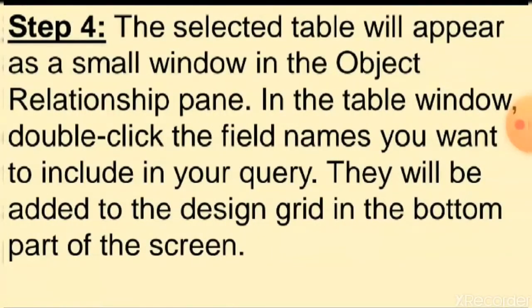Step 4. The selected table will appear as a small window in the Object Relationship pane. In the table window, double click the field names which you want to include in your query. They will be added to the design grid in the bottom part of the screen.